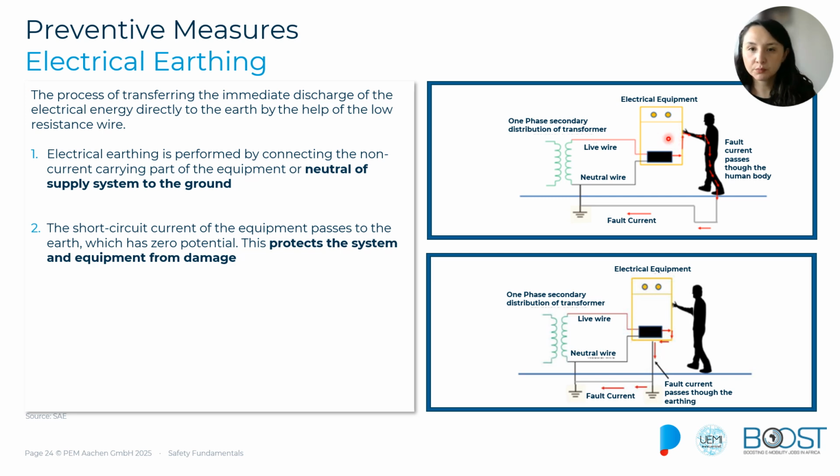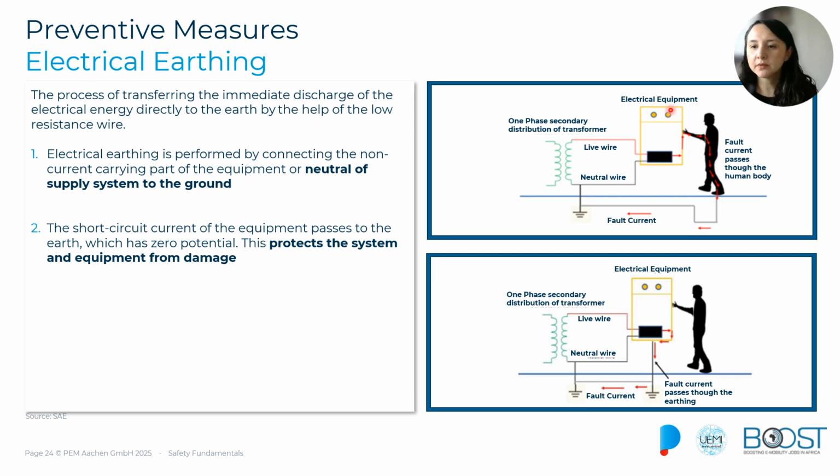Without proper earthing, the current will travel through the body of this worker, because the shortest path to the earth will be the body of this person, and this will cause severe electric shock and maybe all of the possible effects on this person that we already discussed.